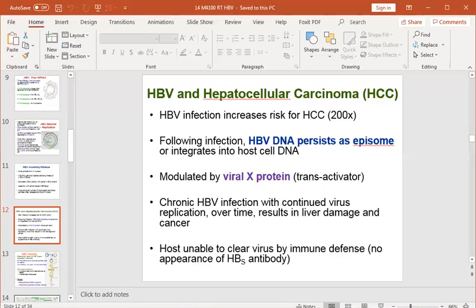Following viral infection, entry, uncoating, replication, etc., HBV DNA will remain persistent as an episome inside the host cell nucleus, or it gets integrated into the host cell. It can either be present as an extrachromosomal segment, an episome, or be integrated into host cell DNA.